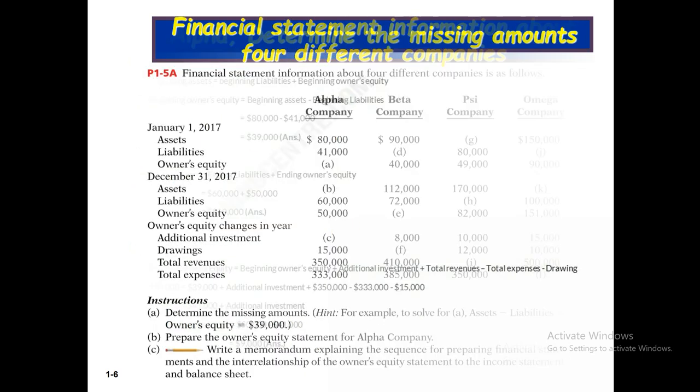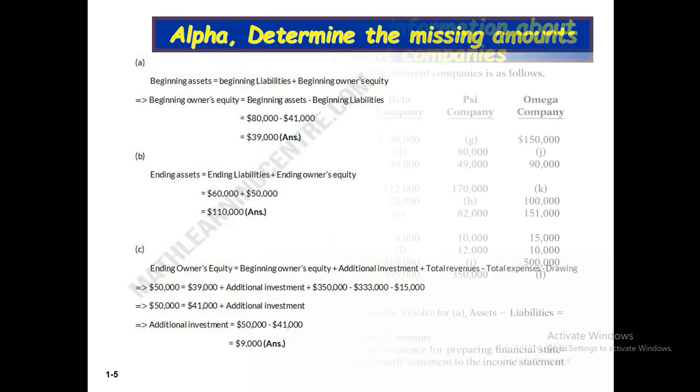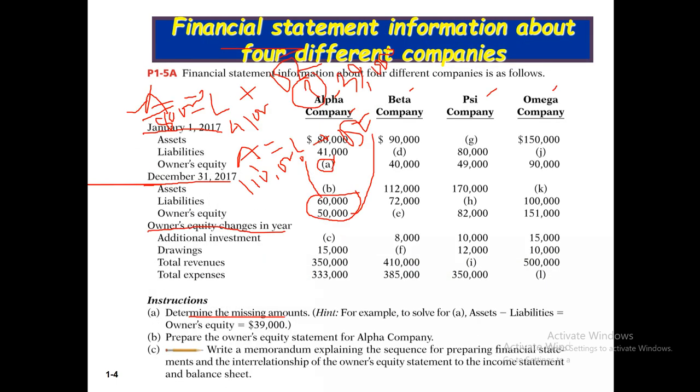Now just look here. This is our owner's equity changing in the year. Additional investment: we have no additional investment here. According to this formula, from the owner's equity statement we can easily calculate the closing capital.